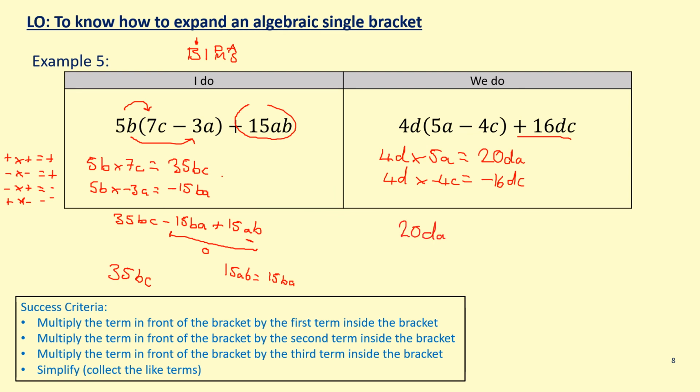So for our brackets expansion, we get 20dA, minus 16dc, add 16dc. So minus 16 add 16 goes to 0, so we're left with 20dA as our answer.